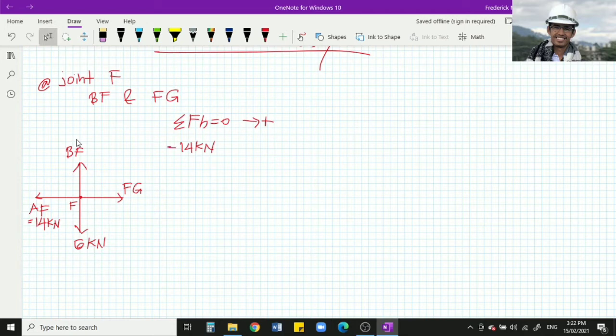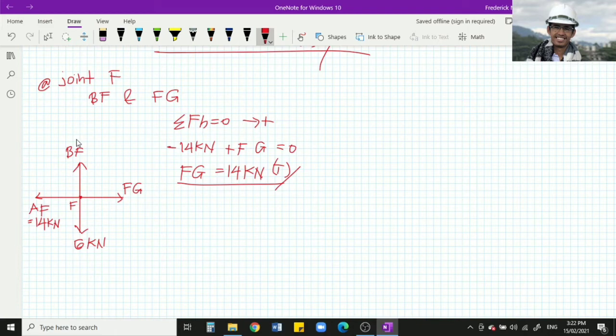So negative 14 kilonewton plus yung FG natin is equal to 0. Therefore, yung force FG natin is equal to 14 kilonewton din. So this is in tension din. Okay? So this is in tension.